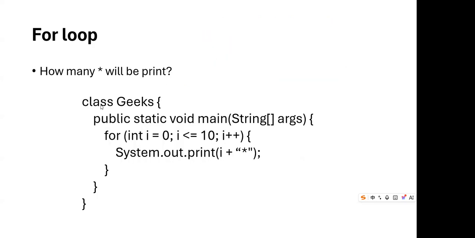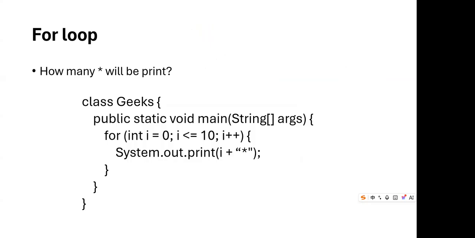And for the for loop here, suppose we have such a piece of code: class Geek, public static void main, the system prints out something, prints out I, and I is supposed to be smaller than 10. So how many stars will we have here?